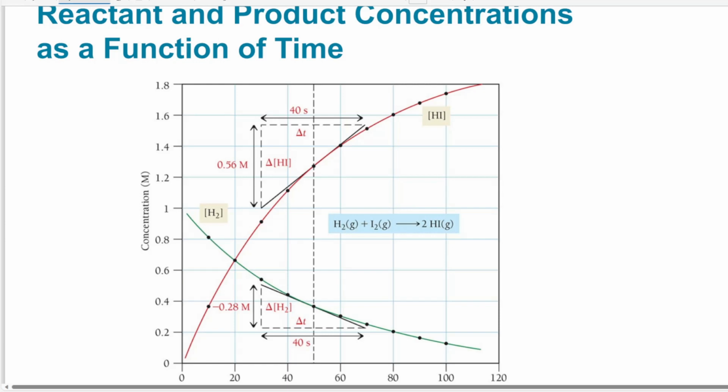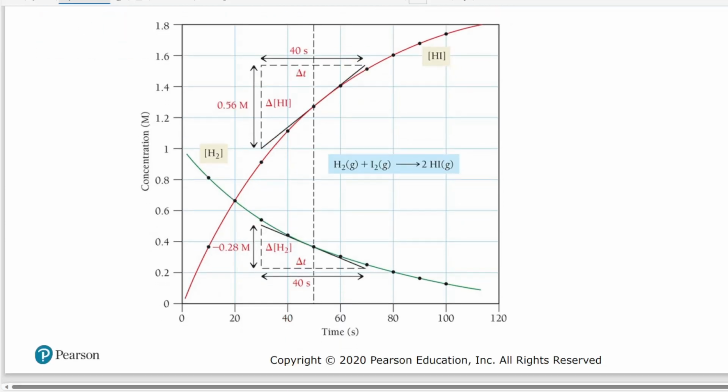Here we see a graph of reactant and product concentrations as a function of time for that same reaction. We see here that we have H2 plus I2 yielding 2HI, the same reaction we saw earlier, and we're plotting time on the x-axis and concentration on the y-axis.